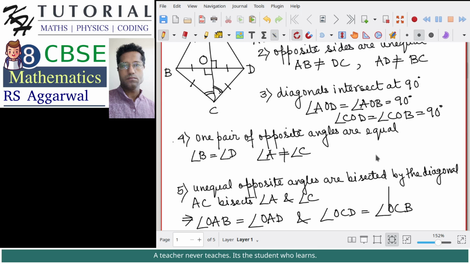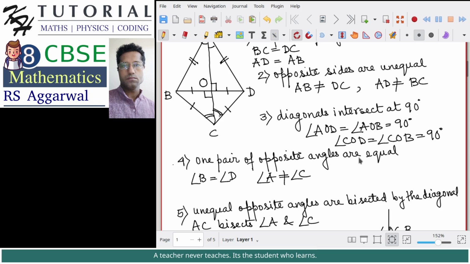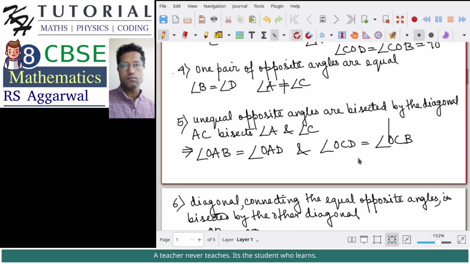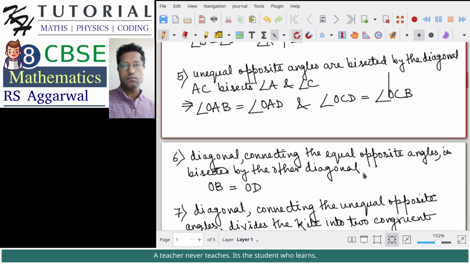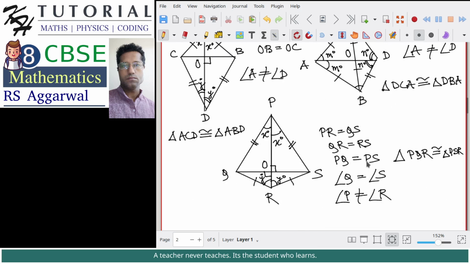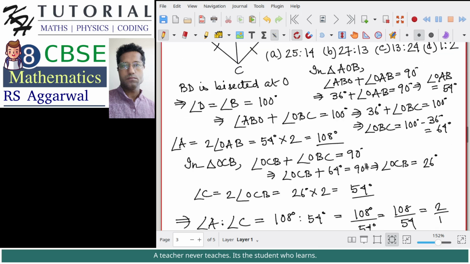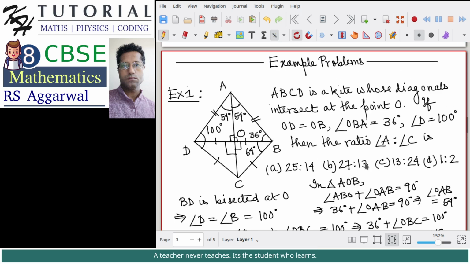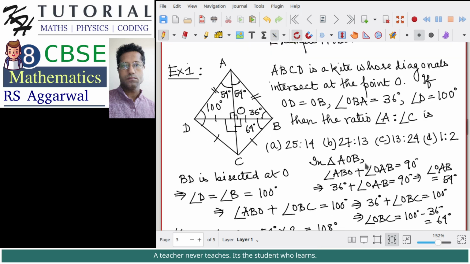One pair of opposite angles is equal: angle B is equal to angle D. Yes, that is fine. The diagonal connecting the equal opposite angles is bisected by the other diagonal. So BD is bisected, and definitely angle D is equal to angle B. Angle D is 100 degrees, so angle OBC will be equal to 100 minus 36, which is 64.